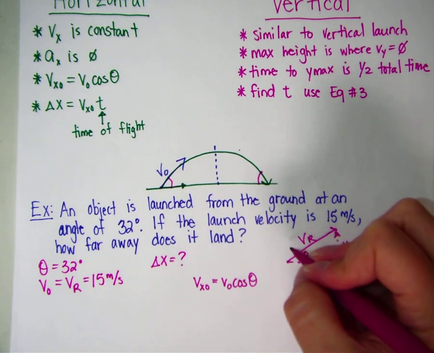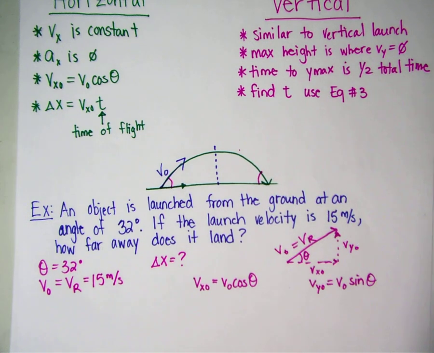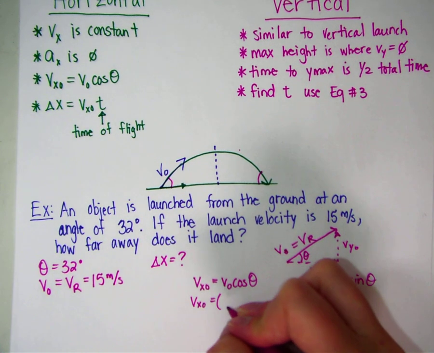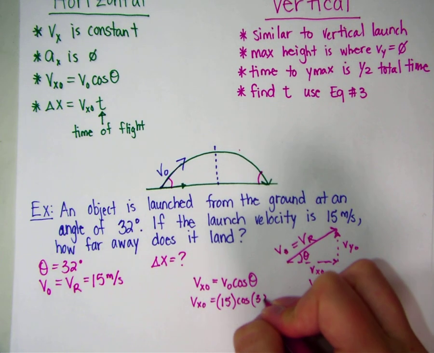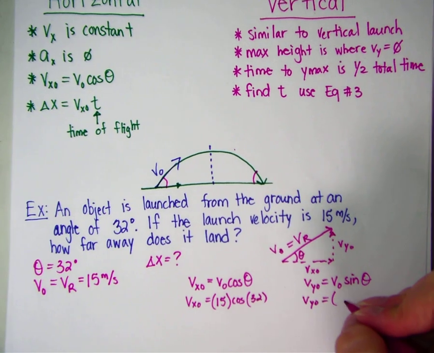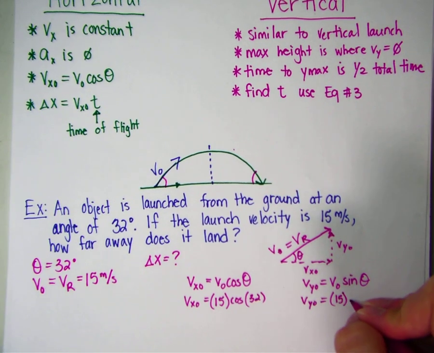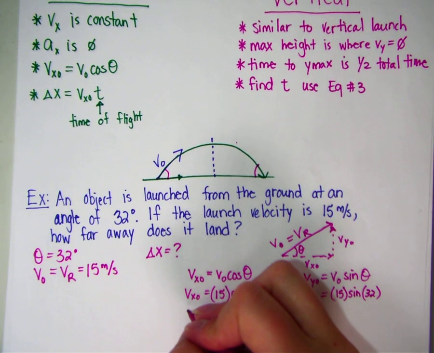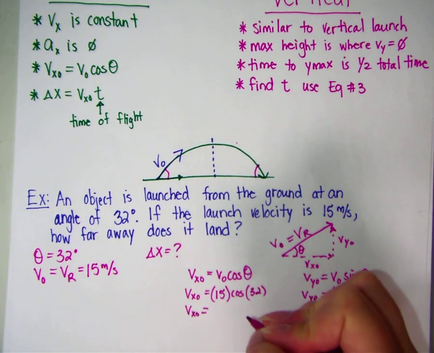Remember, V0 and Vr are the same thing. So my Vx0 is going to be 15 times the cosine of 32. And my Vy0 is going to be 15 times the sine of 32. Type that in your calculator to get your values.